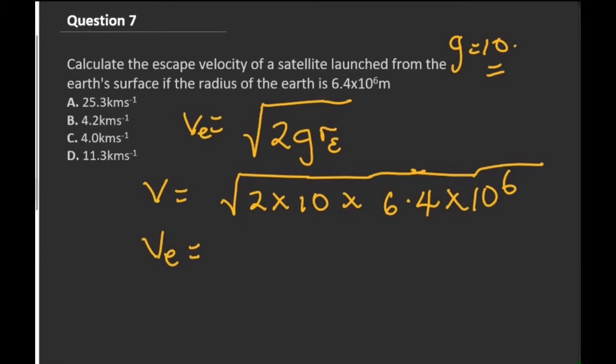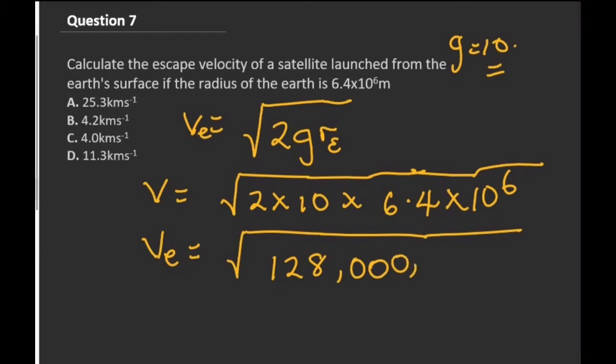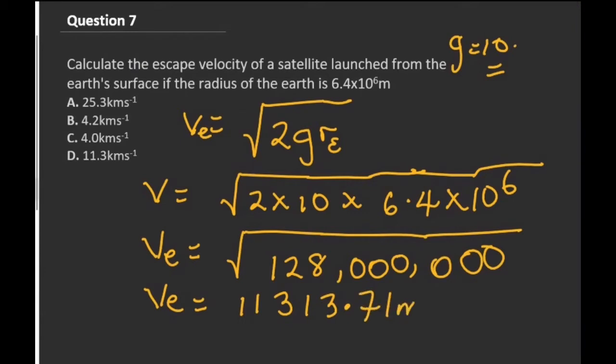If you multiply through, it's going to give you 128 million. Just take note of the formula. And the square root of 128 million will give us 11313.71 meters per second.